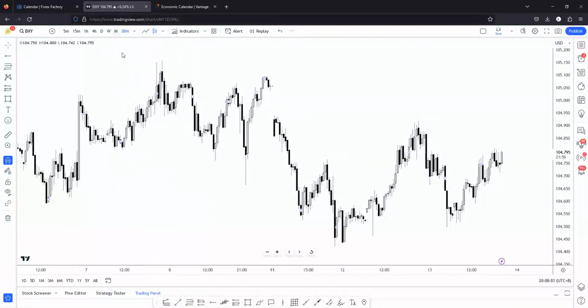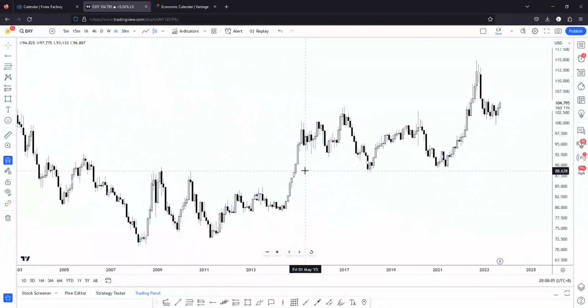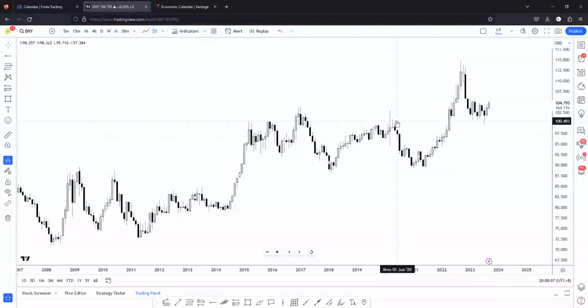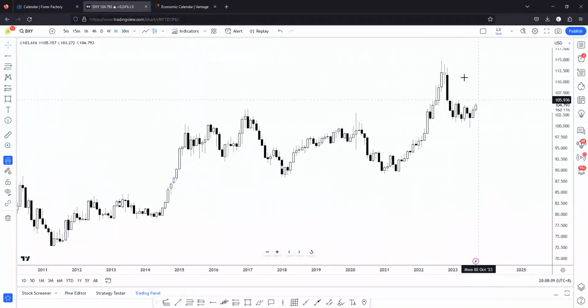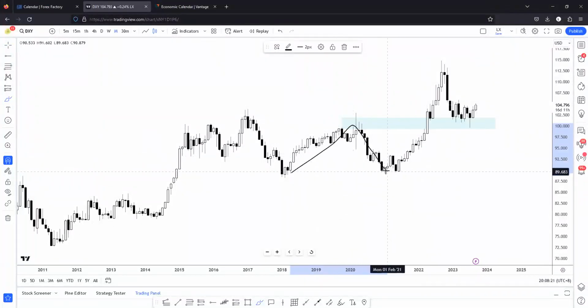If you take a look at where dollar index is on the monthly time frame, you can see this region. On the monthly, we want to focus on the most recent price movements. In this case, you can see that prices are testing a resistance then support area. We saw a strong rejection of this zone previously. And right now, prices are currently testing this region.